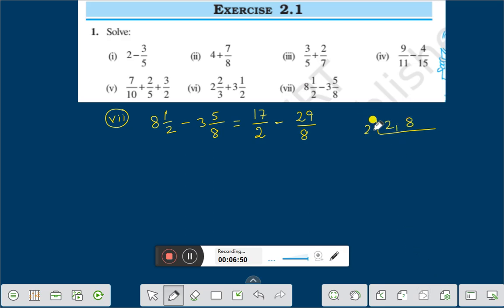If we divide it by 2, that is 2 and 4, 2 fours are 8. Therefore, LCM is equal to 2 into 4, and that comes to 8. Therefore, LCM is 8.